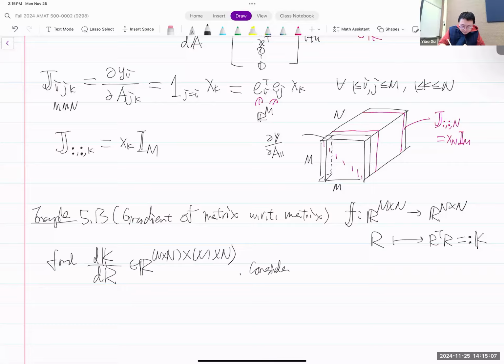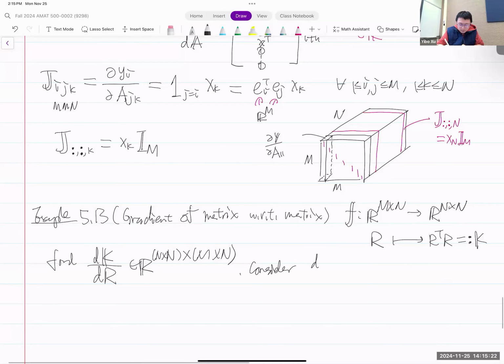Now consider the matrix multiplication R transpose R. Every element of K is computed in a slightly different way.